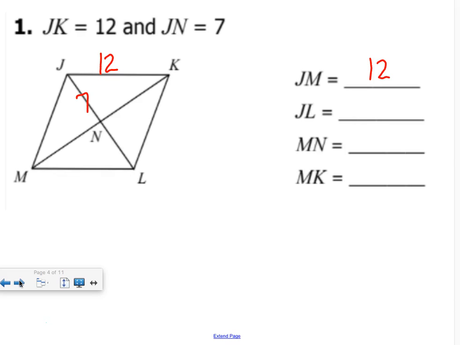Yep, 7 plus 7 gives me 14. MN. Do I know my diagonals are congruent? No. But what kind of an angle is right here? 90. And then what kind of a triangle is this? So what formula can I use?